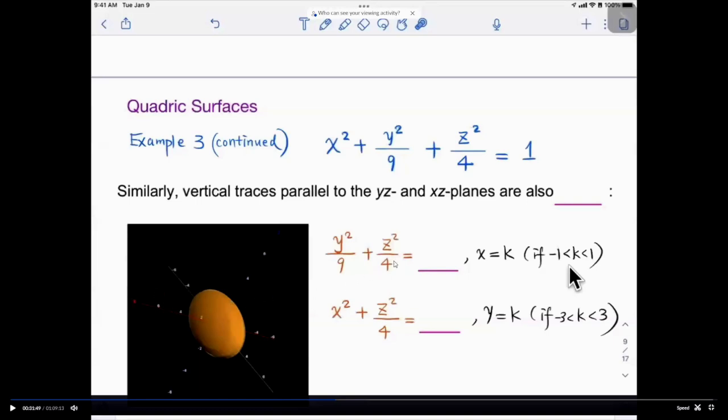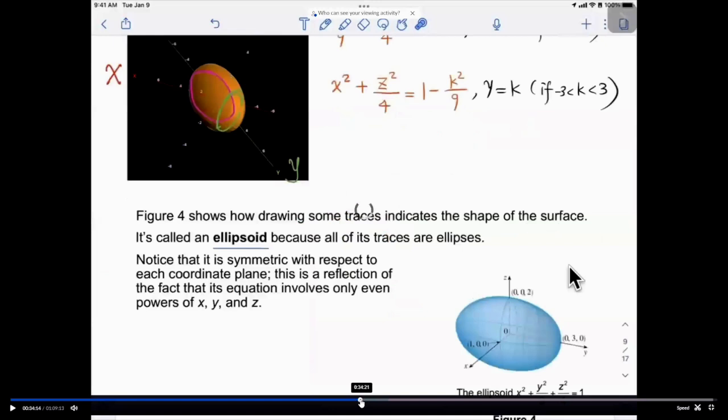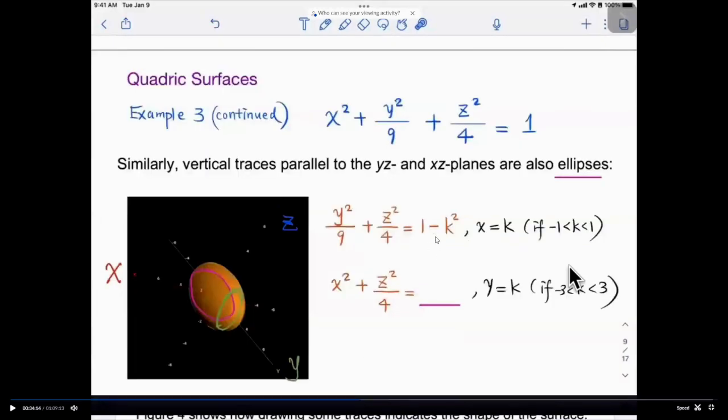What do you think? Let's set x equal to different constants. What should I put over here? Replace the x here by k, and then isolate this. 1 minus k squared. Yeah, you got it. Oops, sorry. Yeah, it's 1 minus k squared.